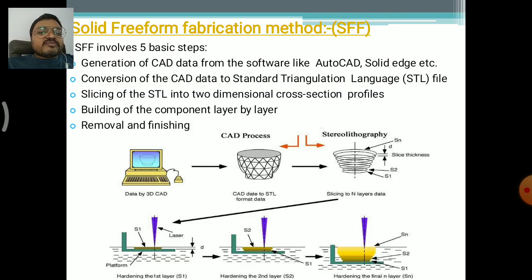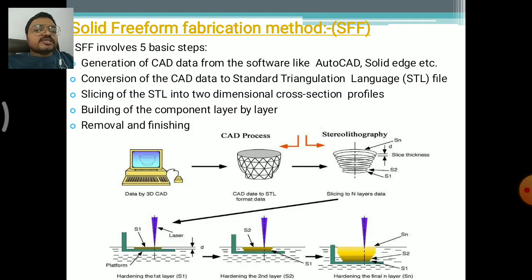Then this STL file is sliced into two-dimensional cross-section profiles, that is stereolithography. Then we build the components layer by layer, that is, by lamina. We can see this process in 3D printing also, where the object is built layer by layer.